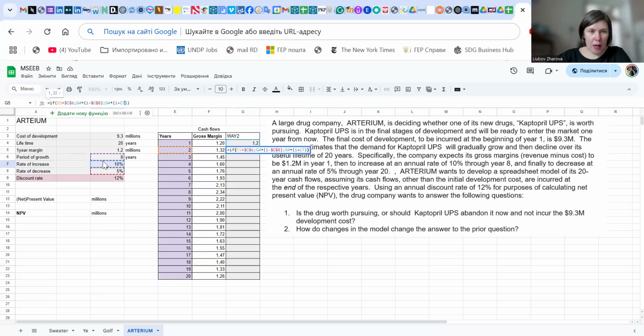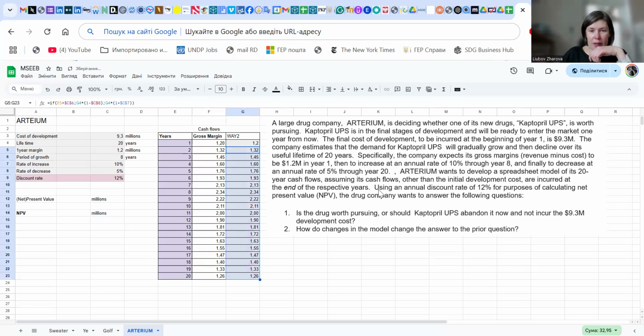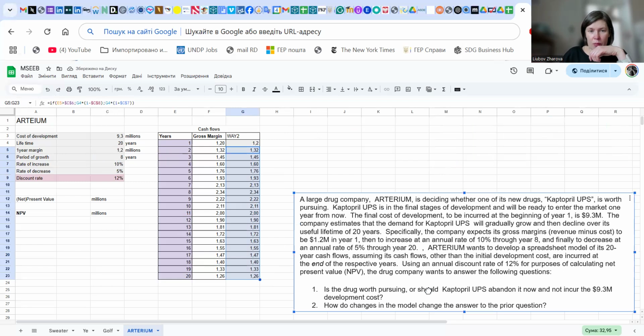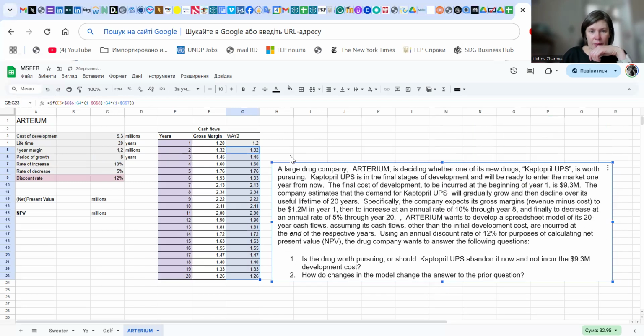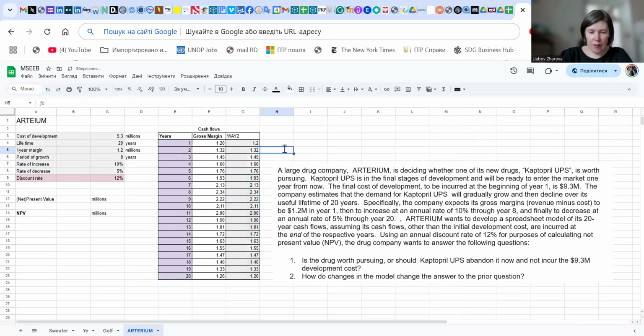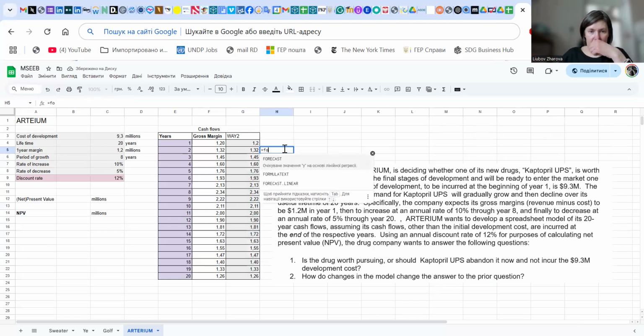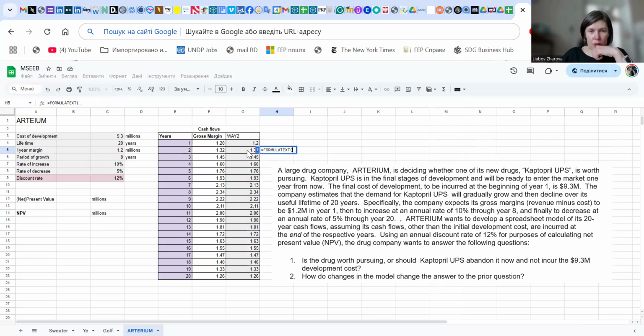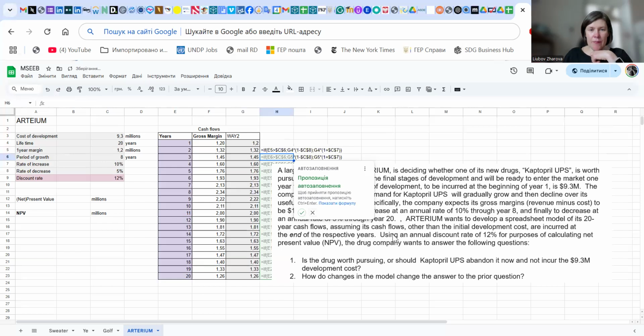And now we have the formula. I hope I'm not missing something. Now, when we use it, we receive the same thing, but I put here the formula text to show you the formula.